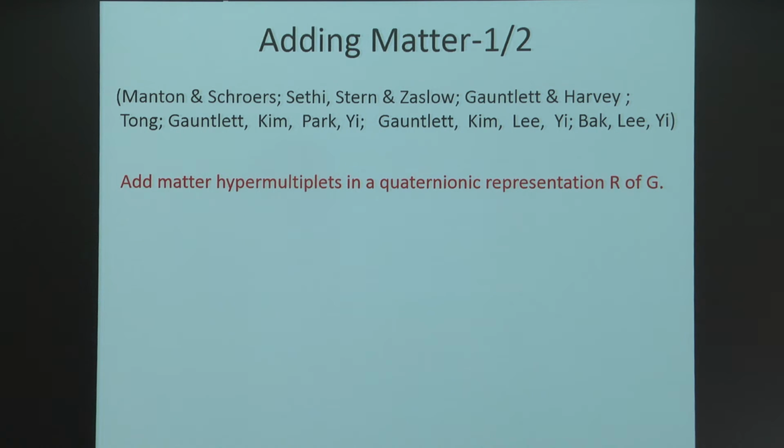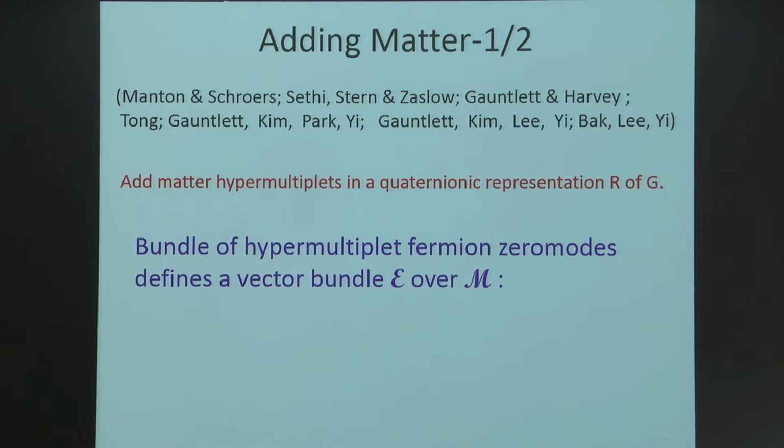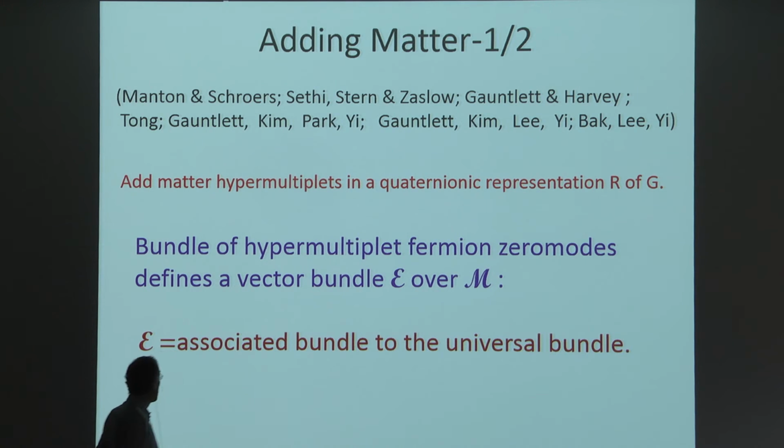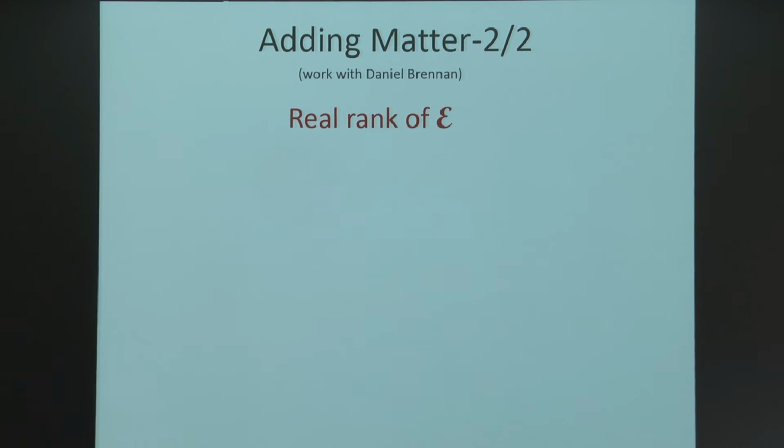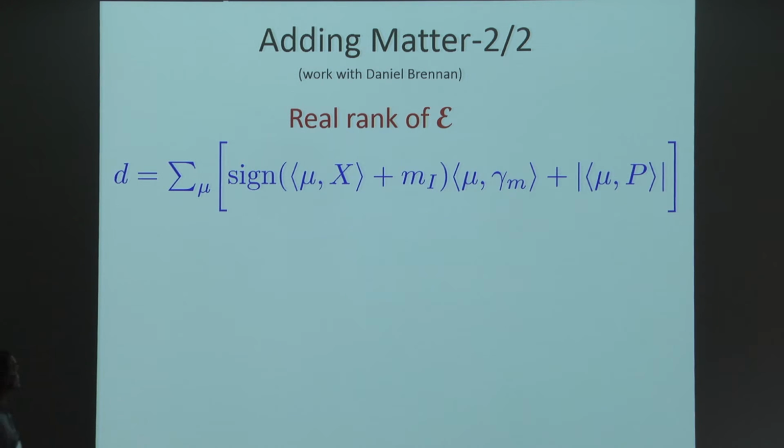You add matter hypermultiplets in a quaternionic representation of G, and what that does is that gives you a bundle of hypermultiplet fermion zero modes over M, and E is associated to what's called the universal bundle, and you can show the universal connection is in fact something called a hyperholomorphic connection. Now, nobody seems to have gone and calculated the rank of E in the general case, so I did that with a student. And this is the formula.